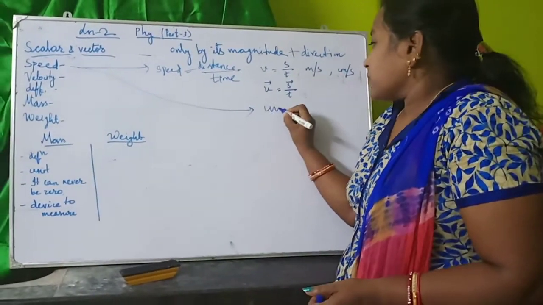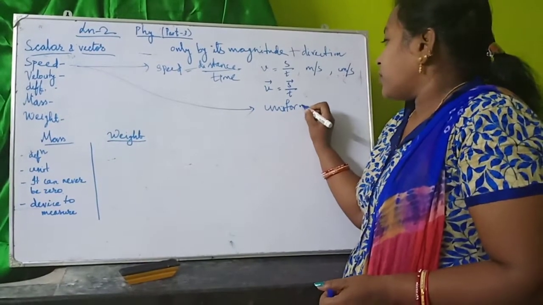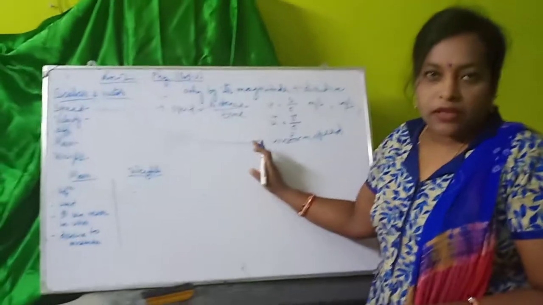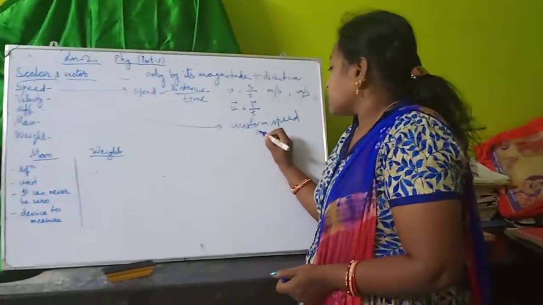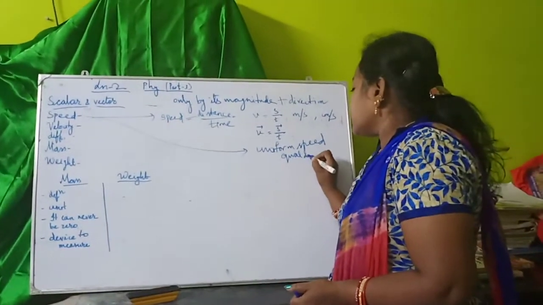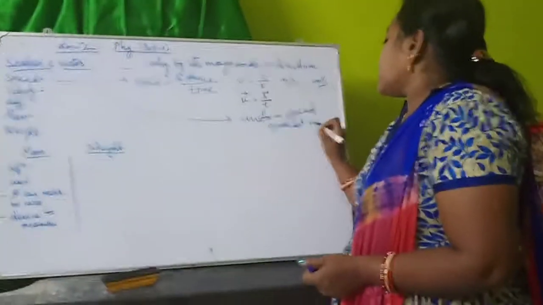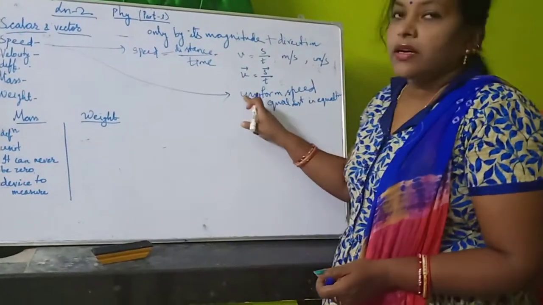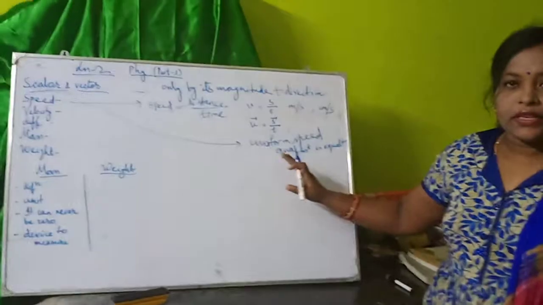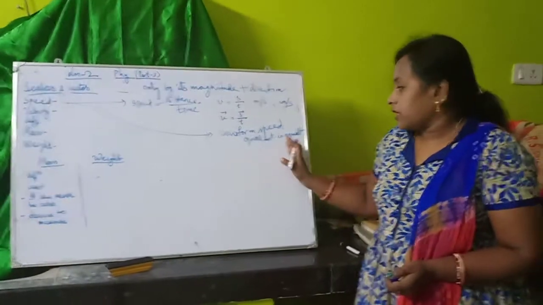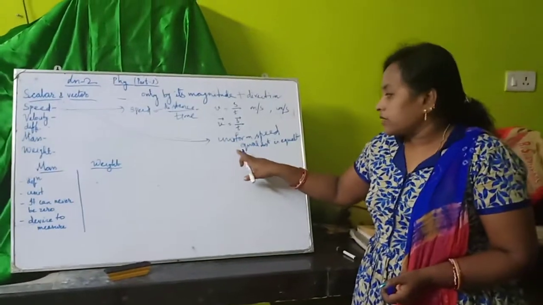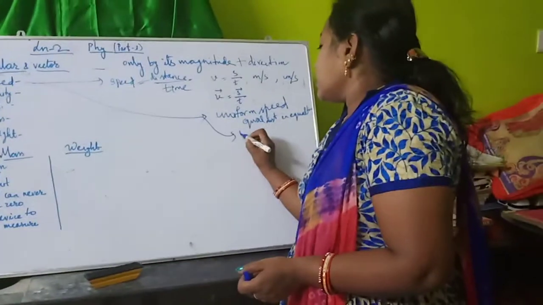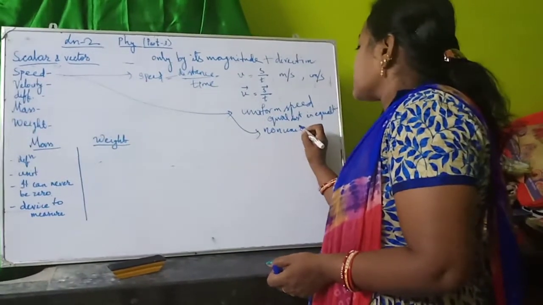The first category is uniform speed. When a body is in motion, if it covers equal distance in equal time, then the speed is known as uniform speed. If it is not covering equal distance in equal time, means unequal distance in equal time intervals, then the motion is known as non-uniform speed.